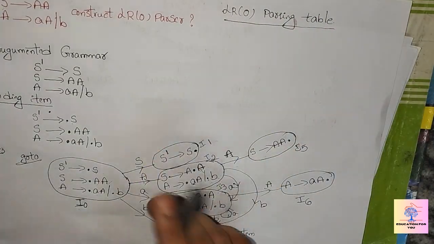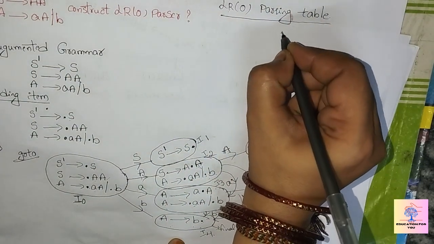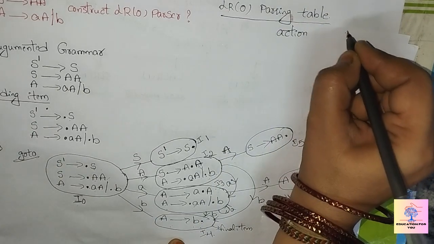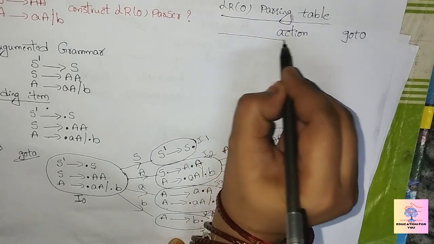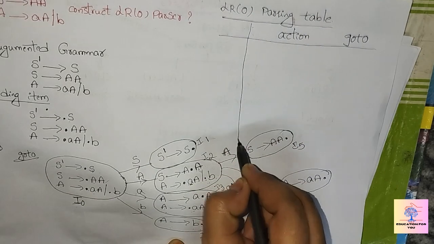How can you construct the LR0 parsing table? There are two columns. The first column is action, and the second column is called goto.